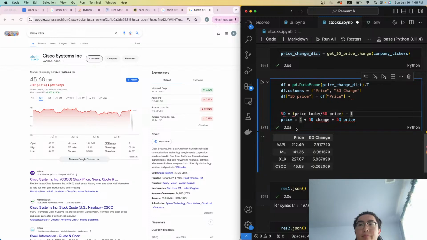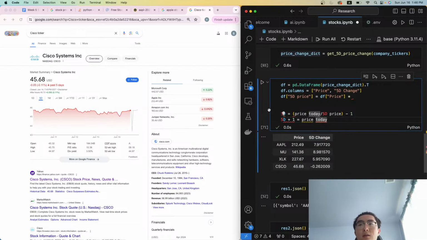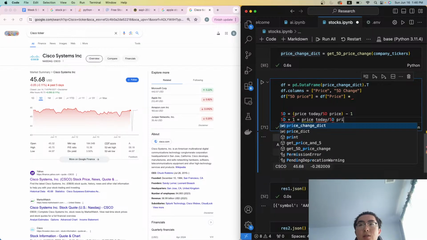Okay. So if we add 1, we'll have 5D change plus 1 is equal to price today divided by 5D price.